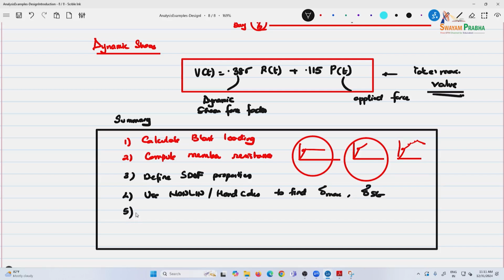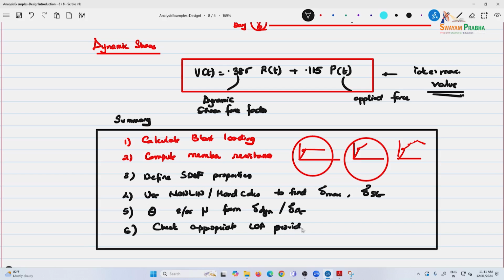And then fifth, you find theta and/or mu from delta dynamic or delta static. And the sixth was we check the appropriate level of protection provided by the element.